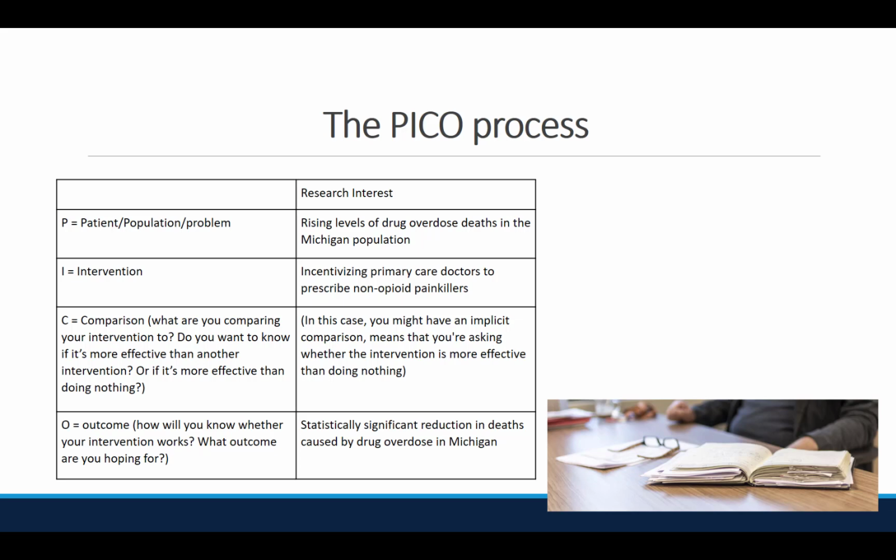So by using the mnemonic, we can formulate good research questions that contain all of the necessary pieces. We've identified the patient, problem, or population we're interested in, what type of intervention or exposure, what we're going to compare that intervention or exposure to understand if it's working, and then how we're going to measure the outcomes.